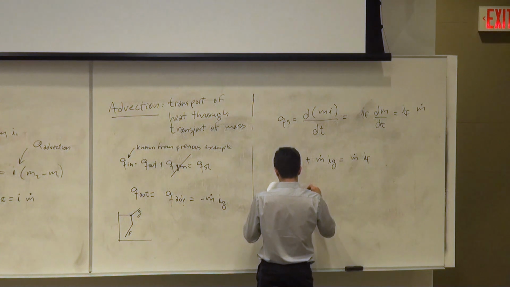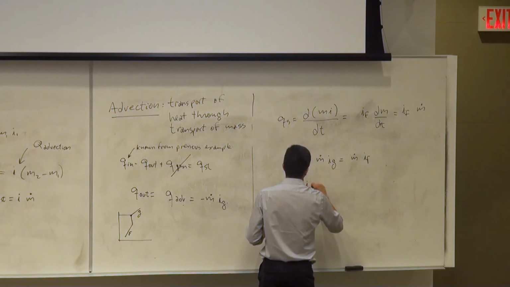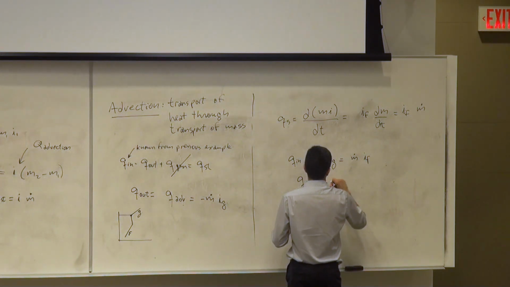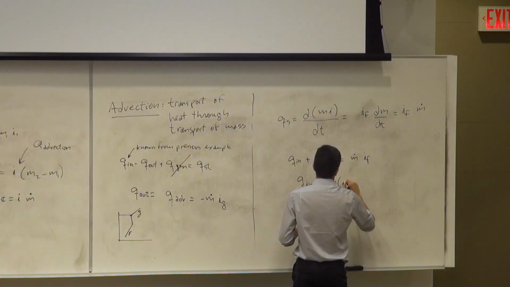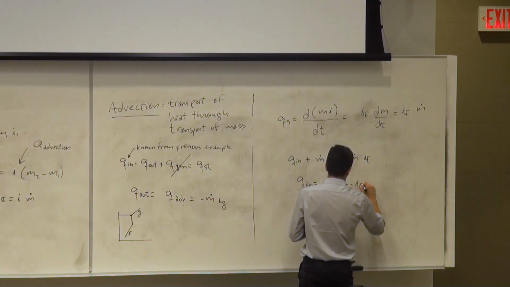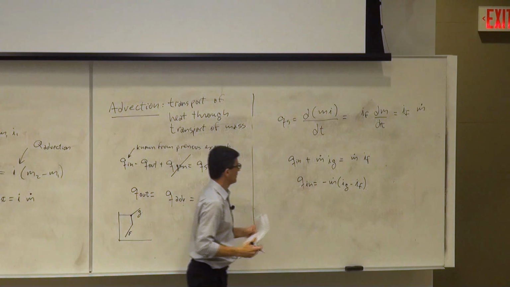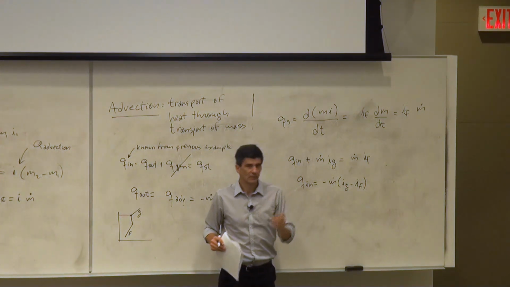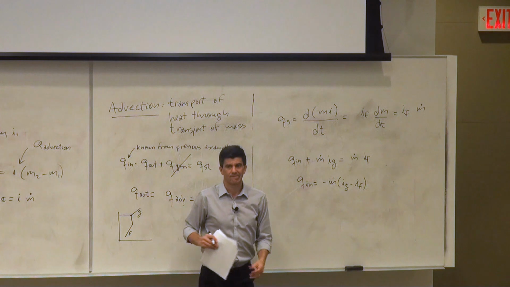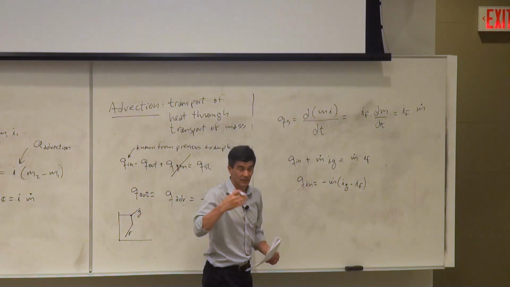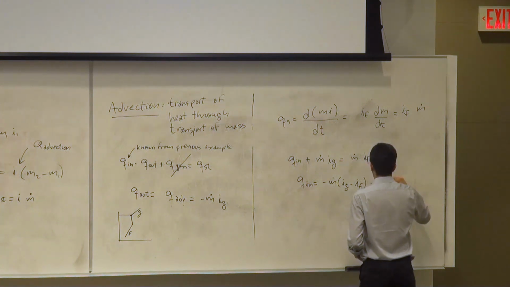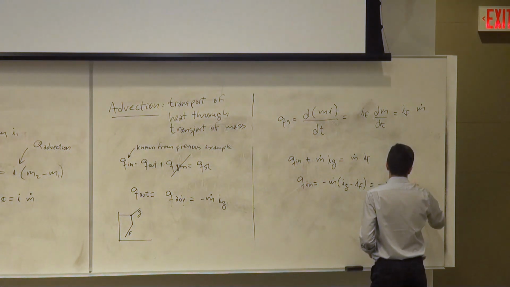I can put it all together, and I'm going to get Q in equals, I'm going to do it. Anybody can tell me what this is, I_G minus I_F? Yeah, latent heat of evaporation, right? So this is minus m dot I_FG.